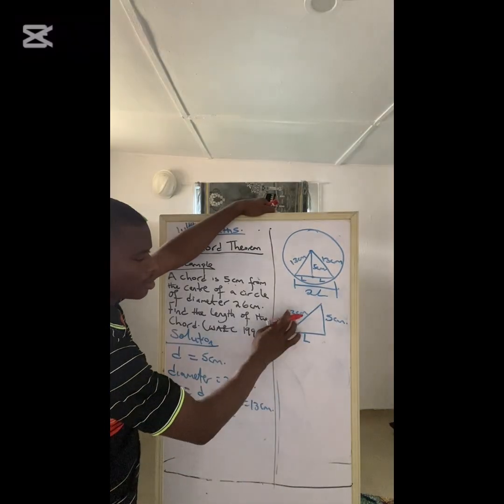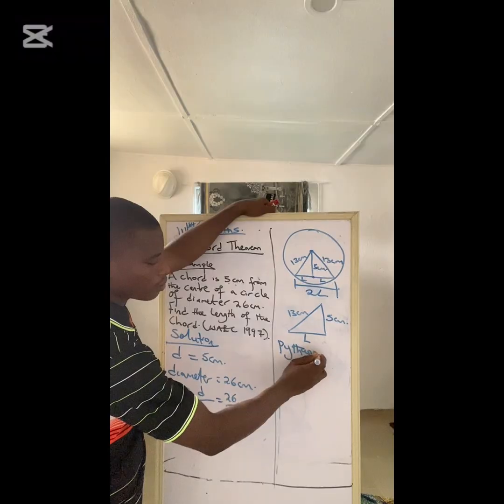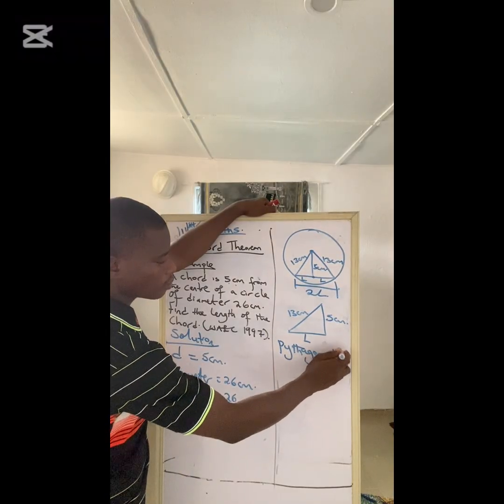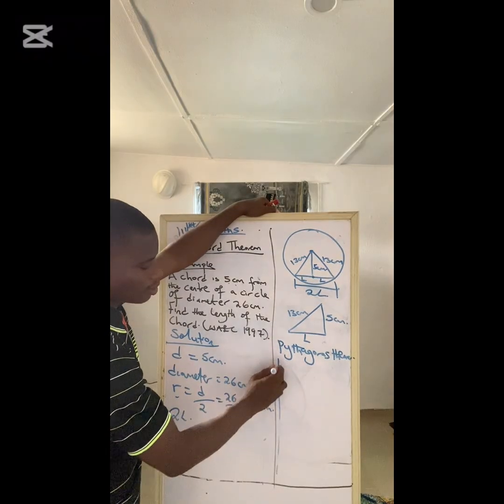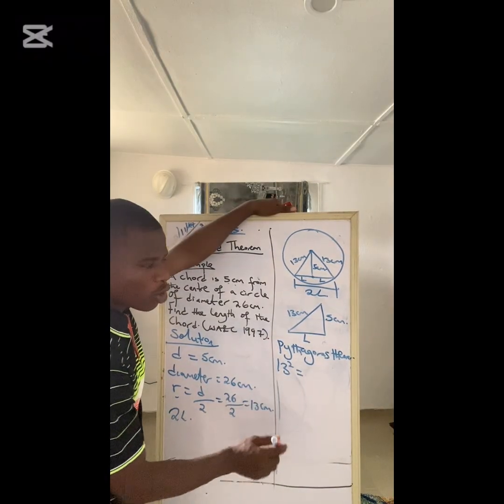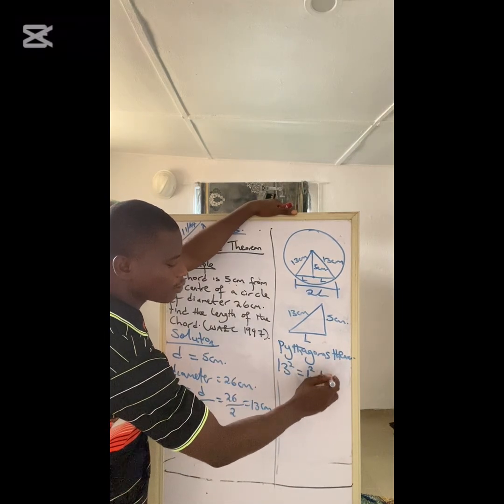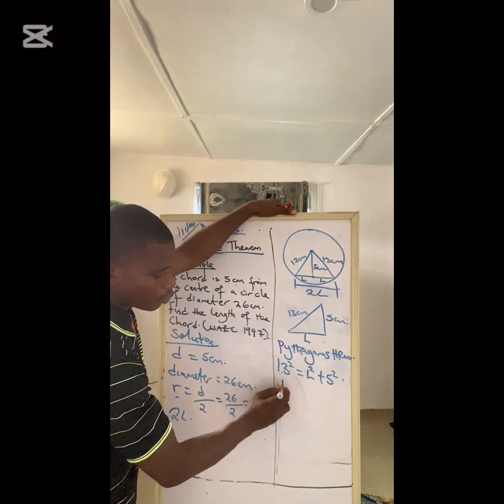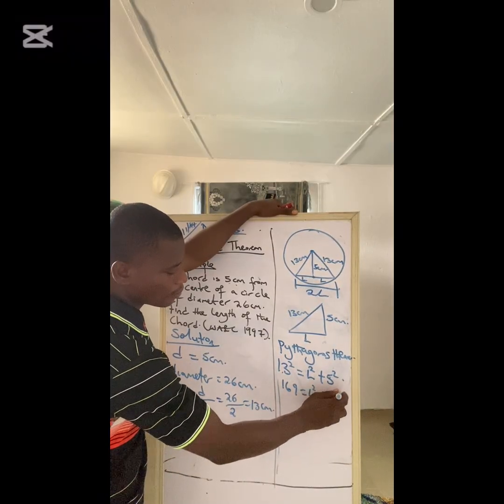So using Pythagoras theorem, the square of the longest side, 13 squared, is equal to the sum of the squares of the other two sides. You can pick this first, anyone, L squared plus 5 squared. So 13 squared is 169, L squared plus 5 squared is 25.